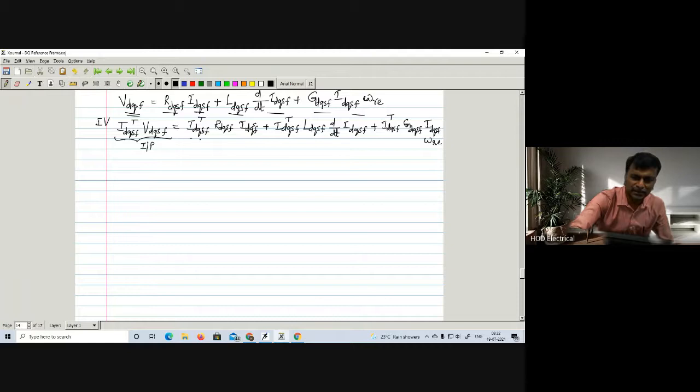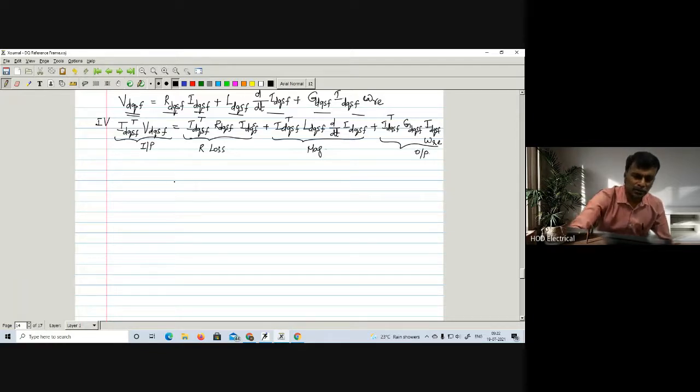This term is nothing but the resistive loss. This one is the magnetizing power, because we have to magnetize the stator and so on, so accordingly we have this magnetizing power based on the inductance. Then this is our output power.